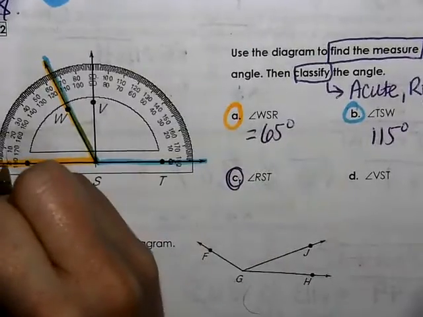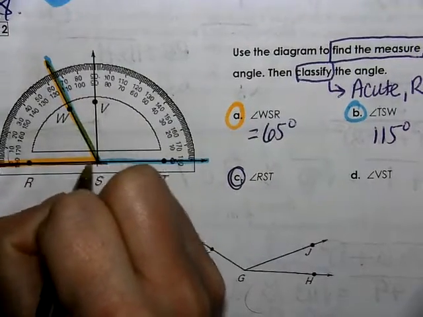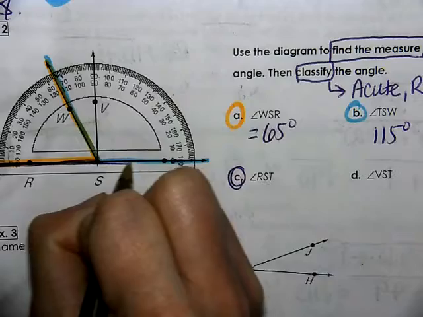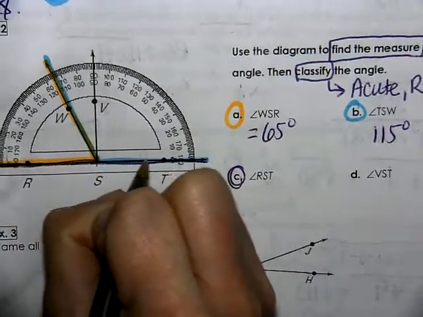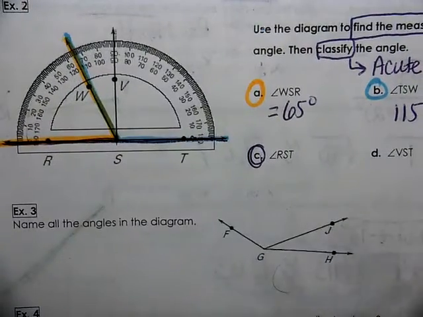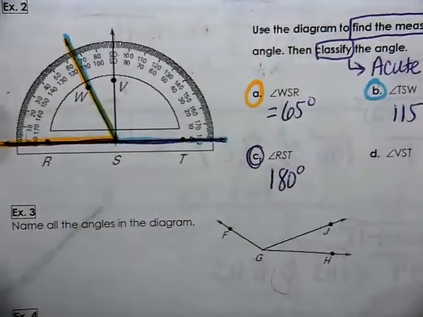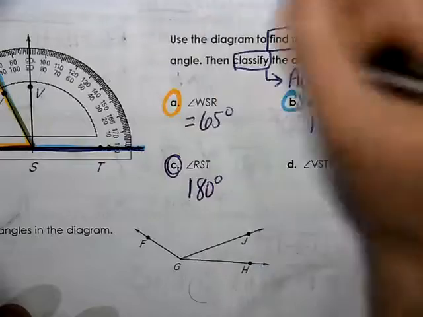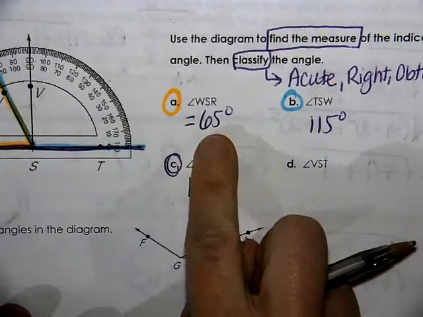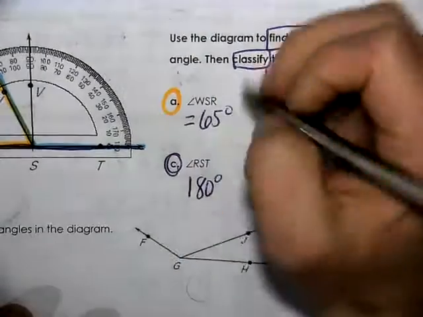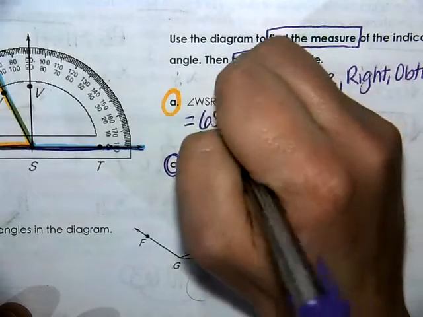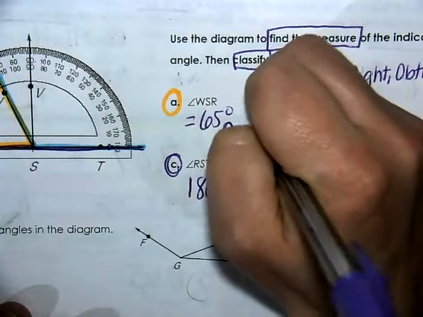So R going over to S, going all the way over to T. This is a flat line. And so because it is a flat line, we know that this is a straight angle, and that is 180 degrees. Uh-oh, I forgot. We need to classify as well. So 65 degrees is less than 90, so we will call that an acute angle.